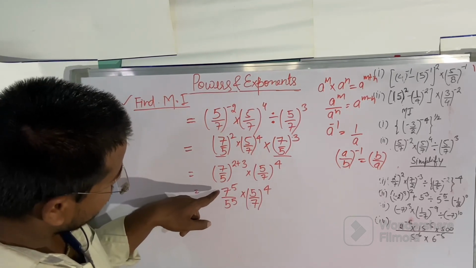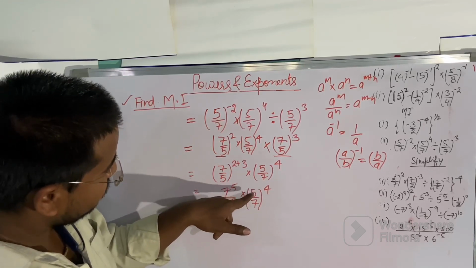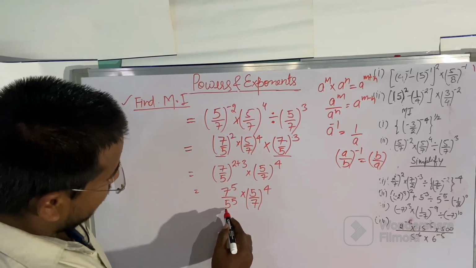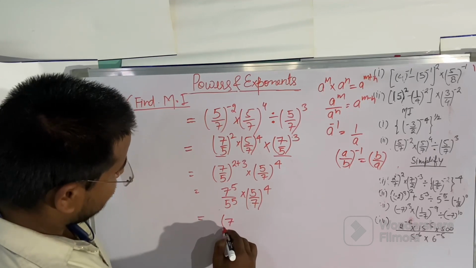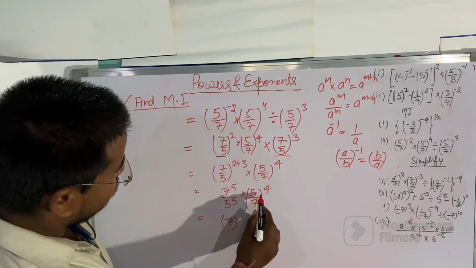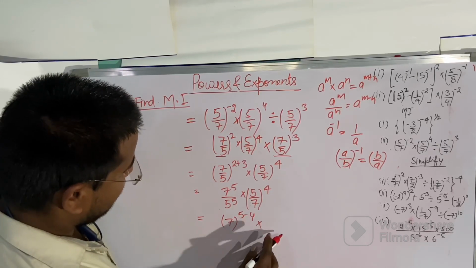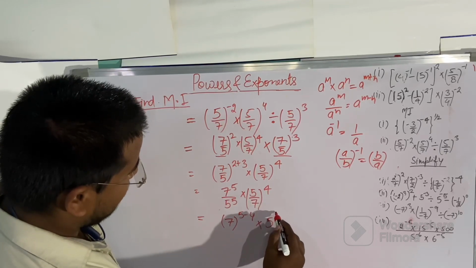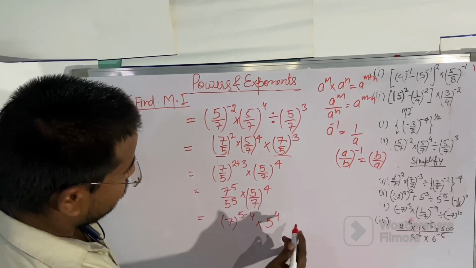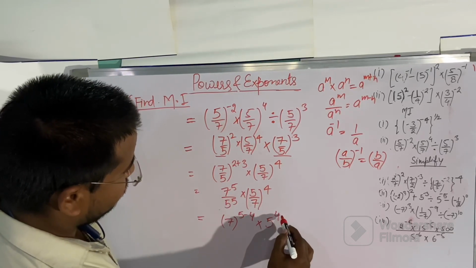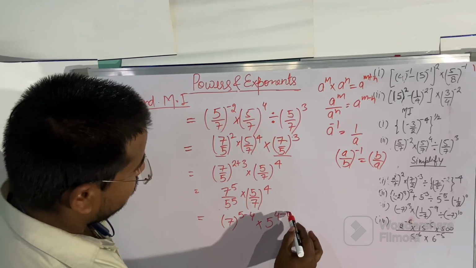We see that 7 to the power 5 is divisible by 7 to the power 4, and 5 to the power 4 is divisible by 5 to the power 5. So I write one time the base, that is 7, and the powers are subtracted: 5 minus 4. And for 5, one time the base 5, that means 5 to the power 4 divided by 5 to the power 5.